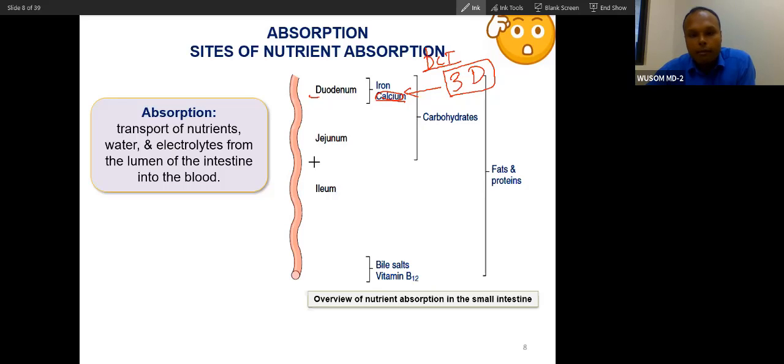Vitamin D influences calcium metabolism. And iron also will be absorbed from the duodenum. So with calcium, you can remember iron also. Iron will also be absorbed from the duodenum in divalent form. Iron is always absorbed in divalent form. It is converted into divalent form from the trivalent form, and then it will be absorbed. And here you can see calcium is already a divalent.